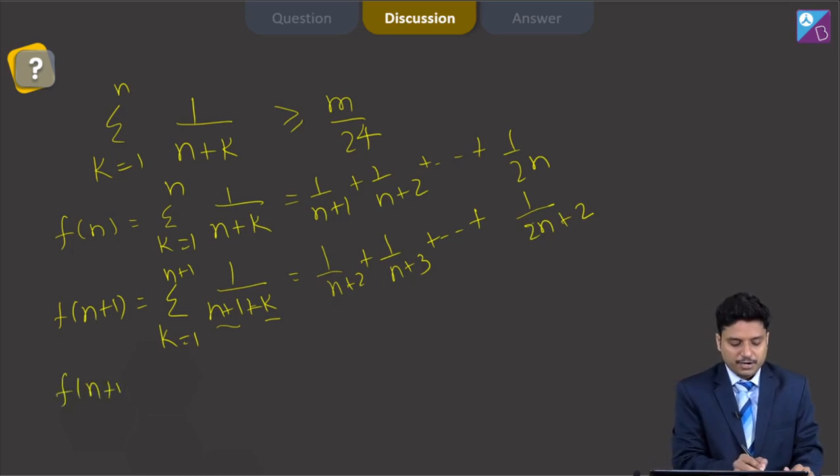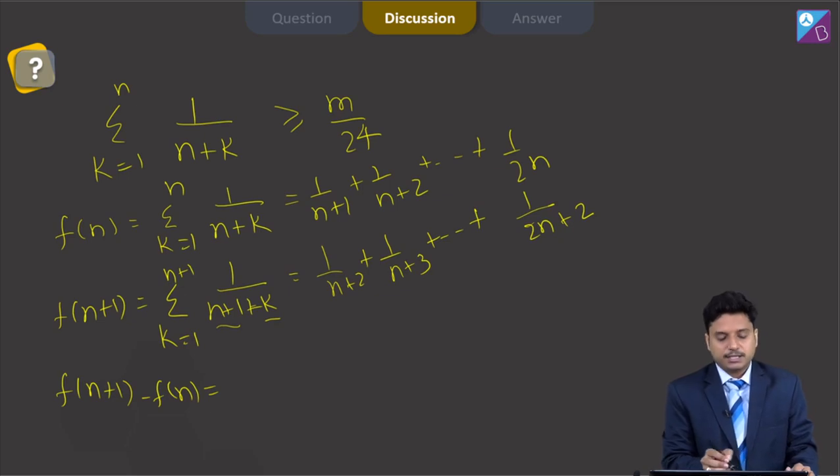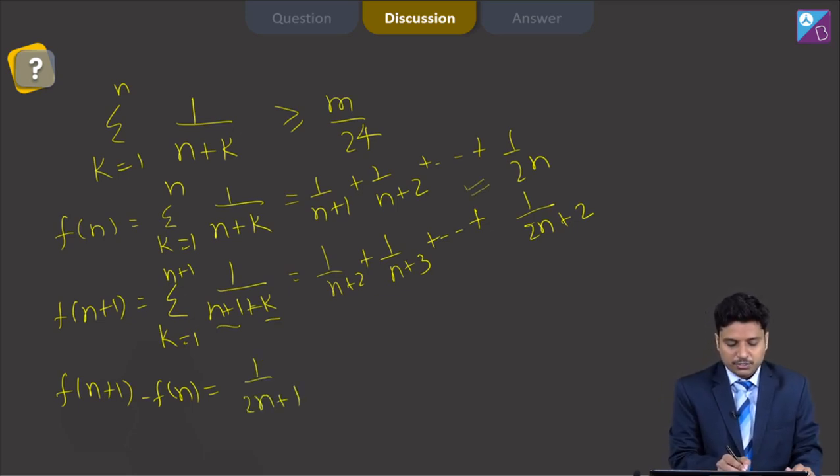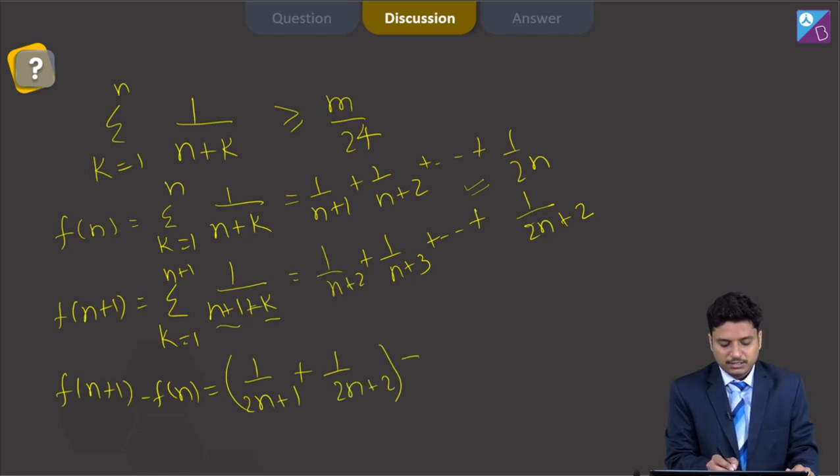So if you try to find f(n+1) minus f(n), what is this? It is basically 1 upon 2n plus 1 and 1 upon 2n plus 2. These two terms are not present in the first case. So 1 upon 2n plus 1 plus 1 upon 2n plus 2 are the terms which are not present in f(n), while f(n) has 1 upon n plus 1, which is missing in the second case. So minus 1 upon n plus 1.